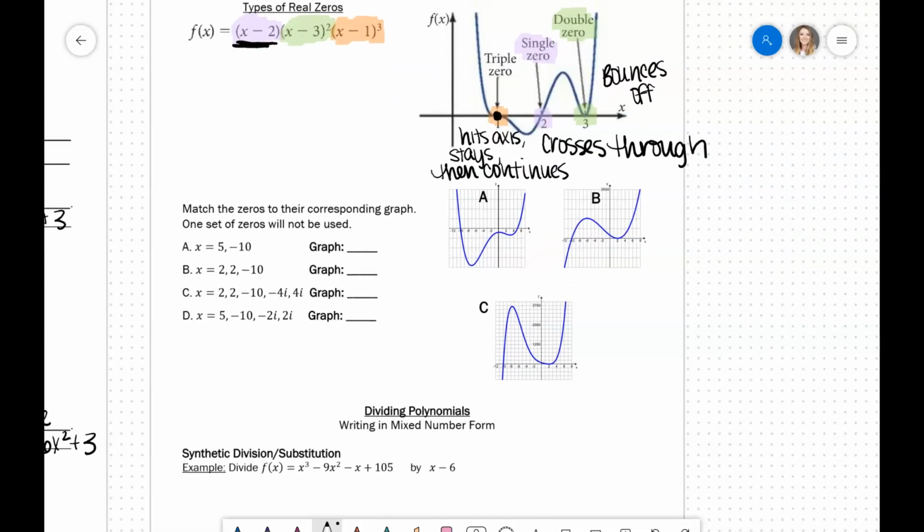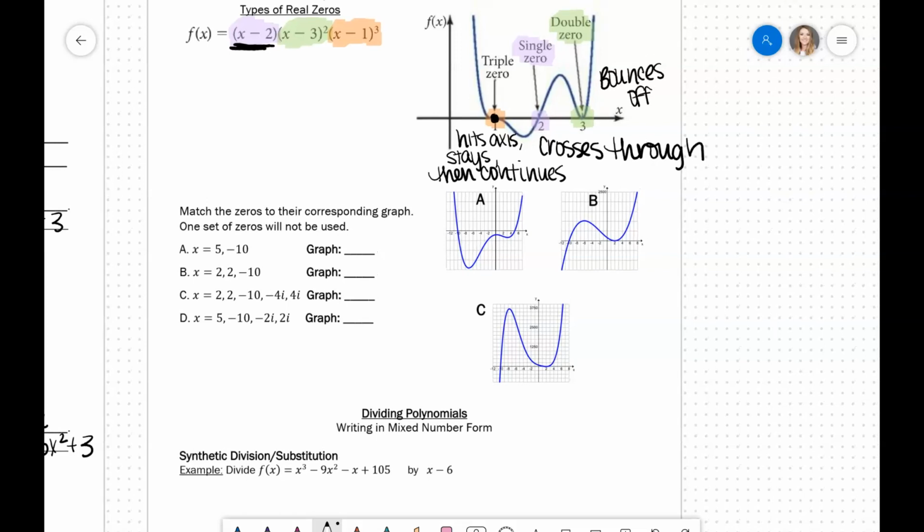Okay, so don't forget that in addition to single roots, double roots, and triple roots, we also have imaginary solutions. And so that would just mean that it's not going to cross the x-axis. The other thing I want to make note of is if you look at the degree of this polynomial, notice that our end behavior is the same. So we would expect this to be an even degree.